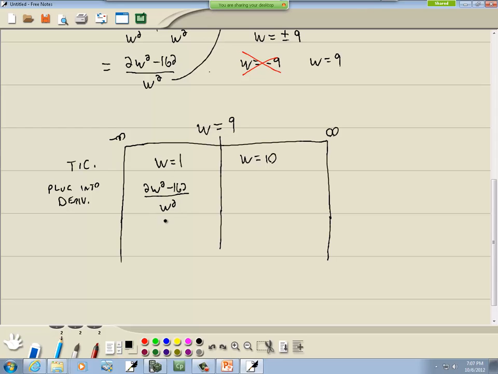Okay, so if I put 1 in here, the bottom is W squared. It's always positive, so we don't need to worry about it. Same over here. W squared is positive. We don't need to worry about the denominator, because all we care about is the sign. So put 1 in for W. So we've got 2 times 1 squared minus 162. 1 squared is 1, times 2 is 2, minus 162 is negative. Negative divided by positive is negative, so this is decreasing.